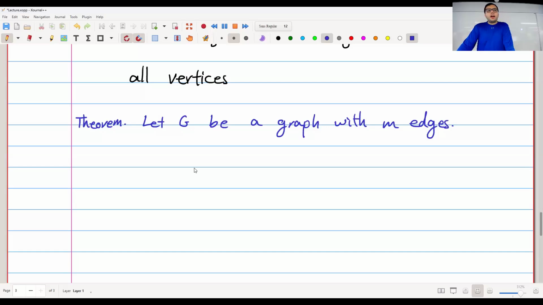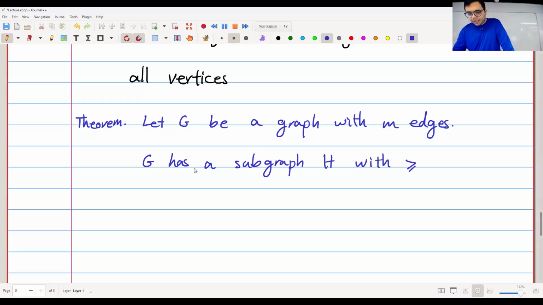I want to say that I can always keep at least half of the edges. So G has a subgraph H with at least half of the edges such that H is bipartite.